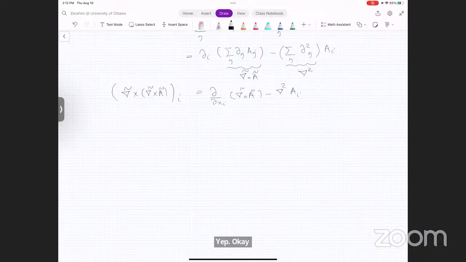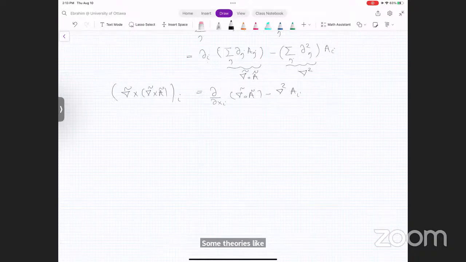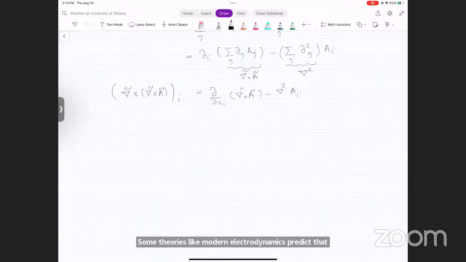So there is a question outside the scope. Some theories like modern electrodynamics predict that divergence of magnetic field is not zero. In other words, there are magnetic monopoles. If this is true, does it mean that this equation, divergence of B equal to 0, is false?